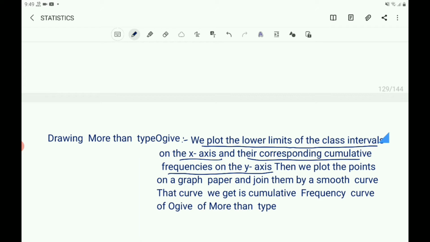That curve is the cumulative frequency curve or Ogive of more than type. In this way, by taking the upper limit on the x-axis, we get the less than type Ogive, and by taking the lower limit on the x-axis, we get the more than type Ogive.